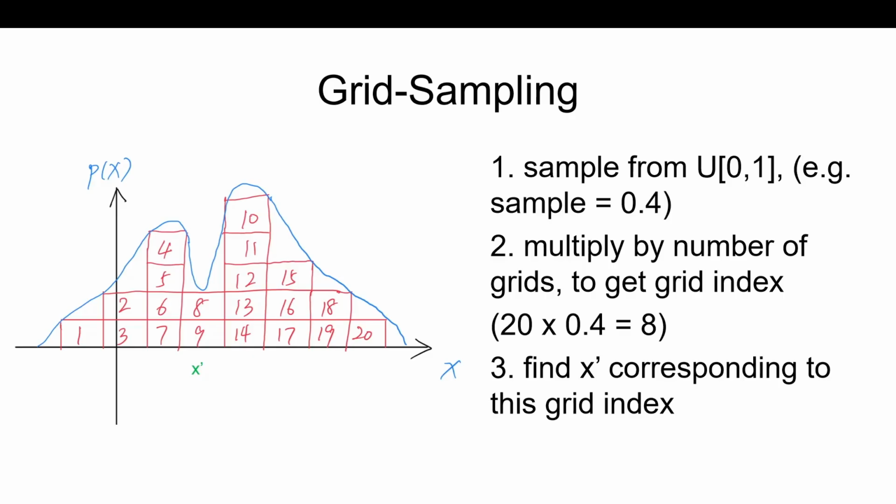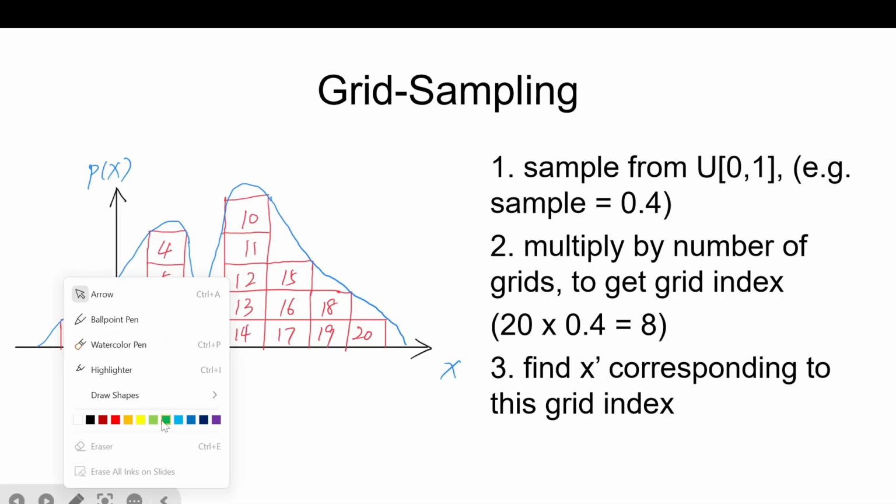Now the problem of sampling from p(x) becomes the problem of sampling a specific grid among these 20 grids, which all have the same probability of being sampled. So the problem basically becomes generating an integer from 1 to 20 with equal probability. Because each number has an equal probability of being selected, we can use uniform sampling to generate the index we want.